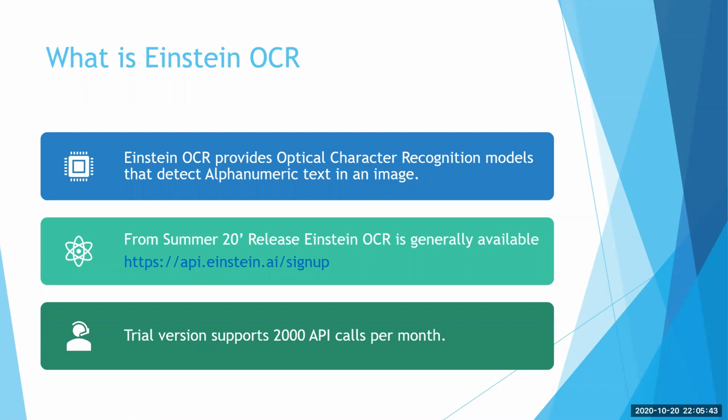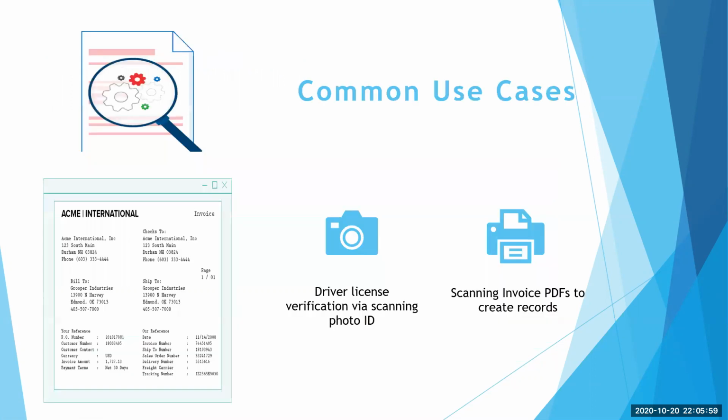You need to provide basic information and an email address. The trial version of this API gives us 2000 API calls per month. If API calls exceed 2000, then we might have to pay for that.